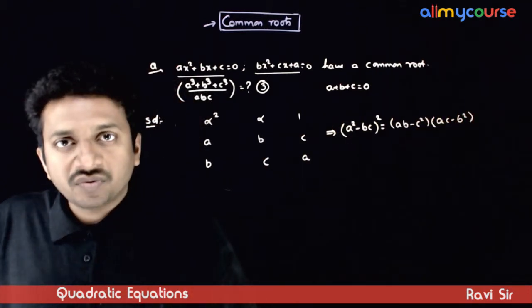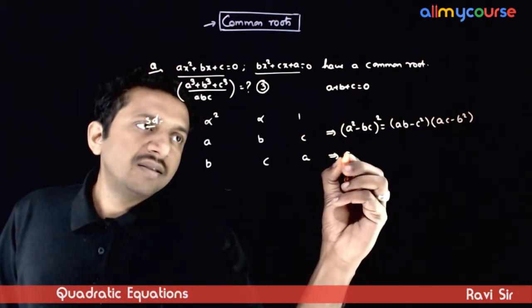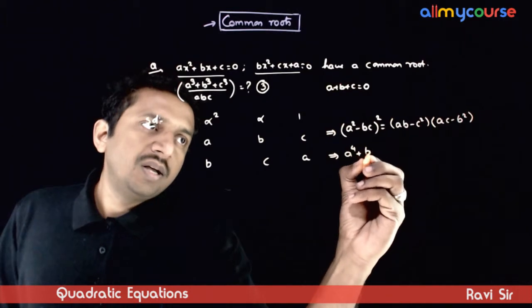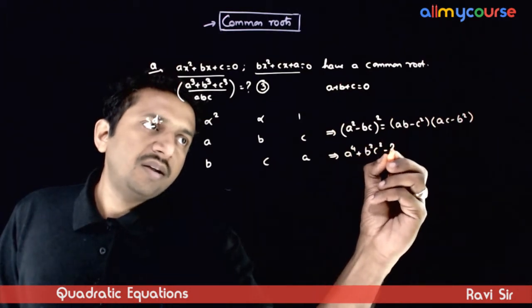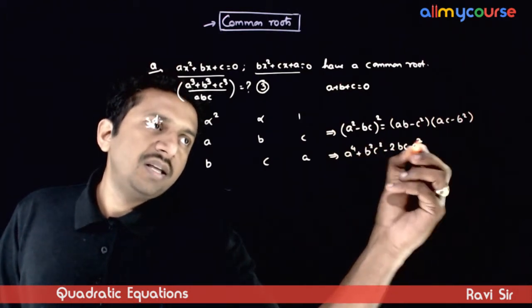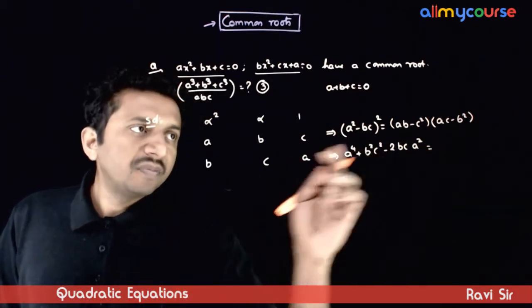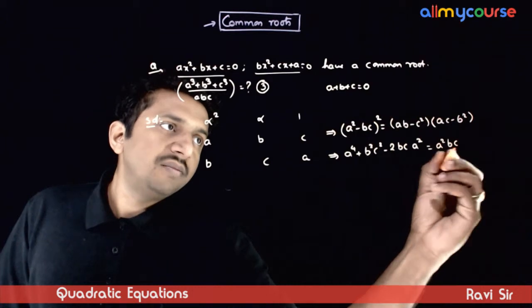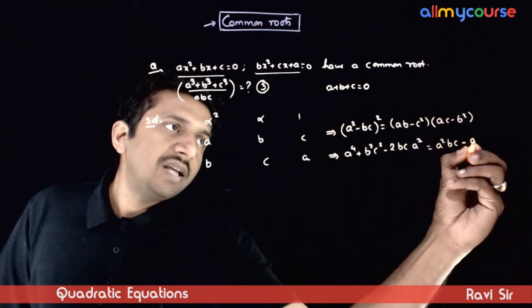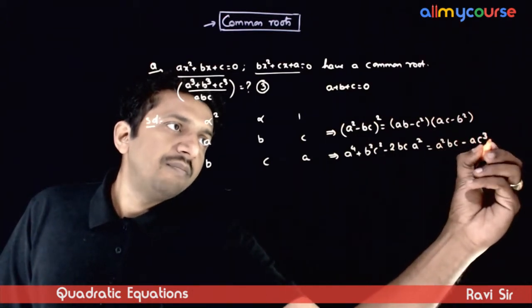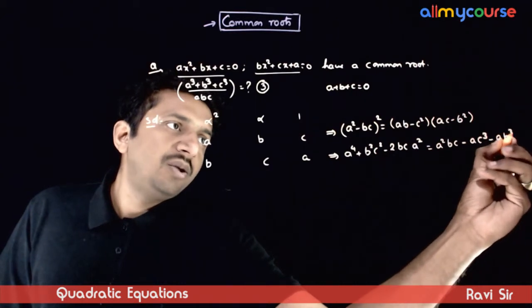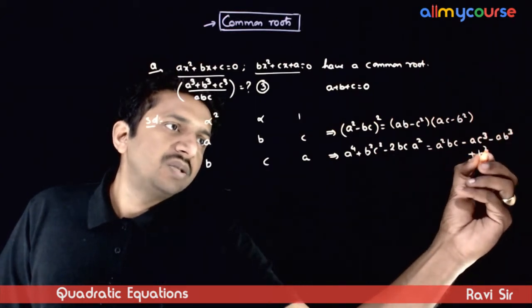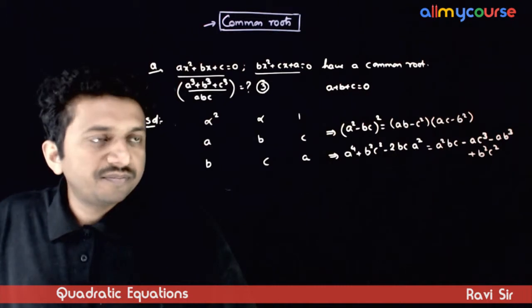ab minus c square times ac minus b square. So this implies a to the power 4 plus b square c square minus 2bc a square is equal to, so here also you do the multiplication, a square bc minus ac cube minus ab cube plus b square c square.